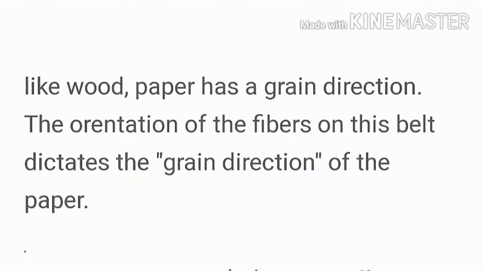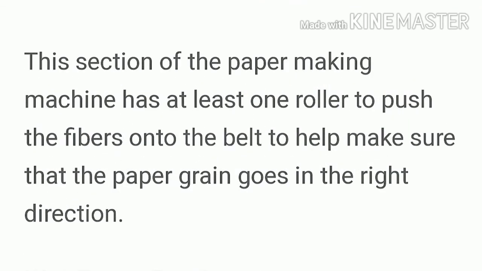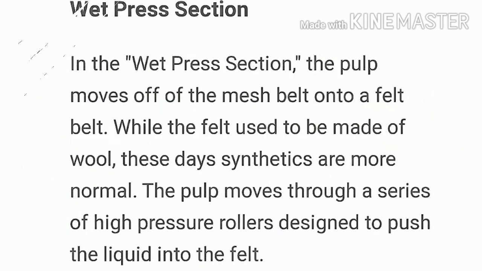Much like wood, paper has a grain direction. The orientation of the fibers on this belt dictates the grain direction of the paper. This section of the paper making machine has at least one roller to push the fibers onto the belt to help make sure that the paper grain goes in the right direction.